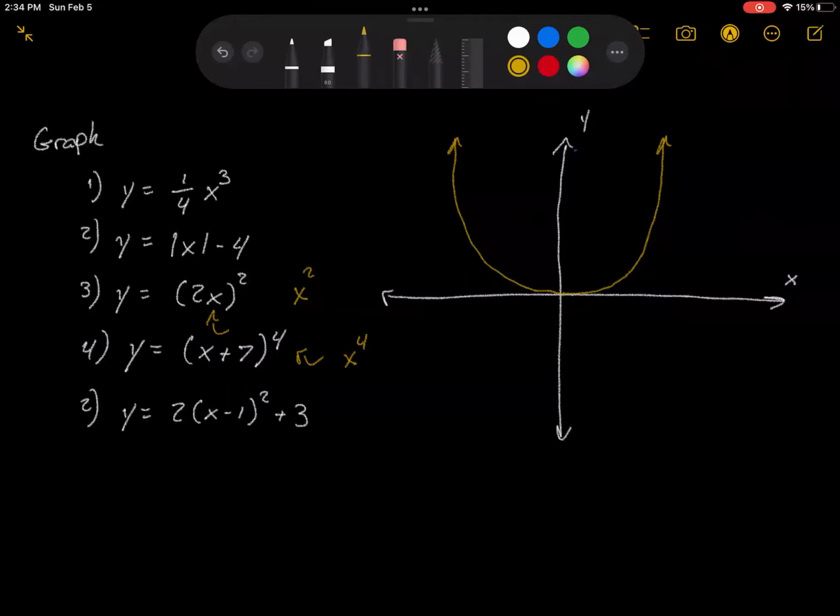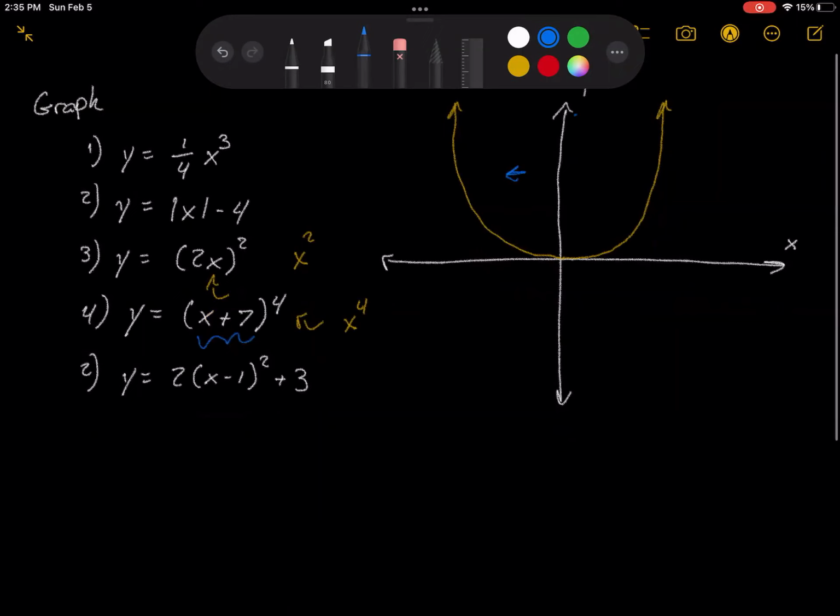All right, so x plus 7 to the 4th, what am I doing to this function? I'm adding 7 before I take it to the 4th power. So this is going to be a horizontal change, and it's going to be a horizontal shift to the left by 7 units, right? Because originally, when is x to the 4th going to give you a 0? That's when x is equal to 0.